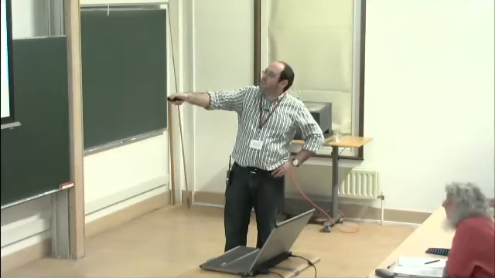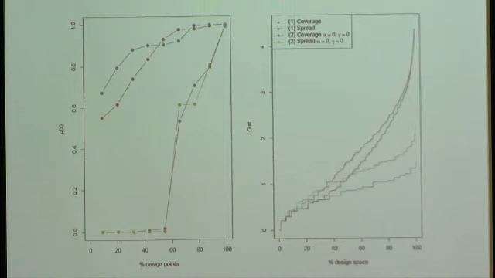And these designs, of course, are the unweighted designs, which aren't taking account at all of the weight function, so they tend to perform quite poorly when you look at that.